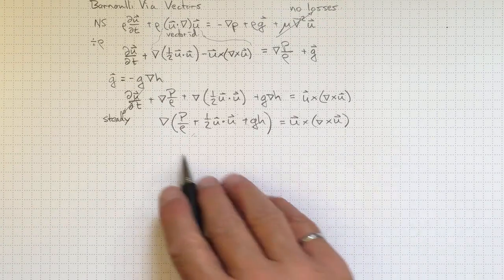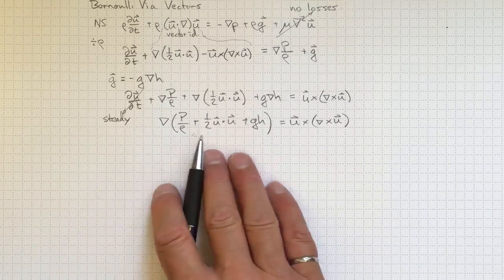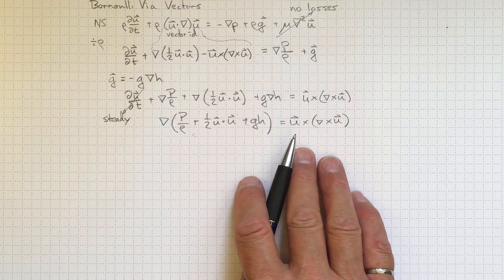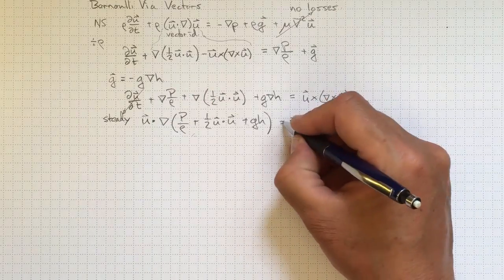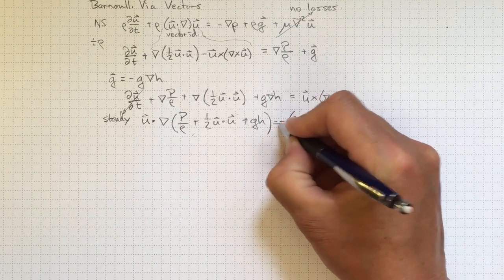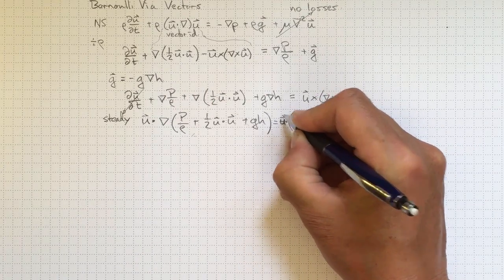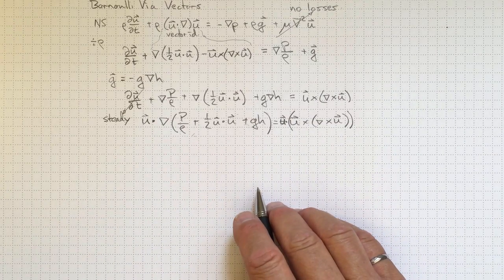But if this equation is true, then we can take a dot product of this equation with the velocity vector. So we'll just put u dot here, and over here also u dot, taking the dot product of both sides.